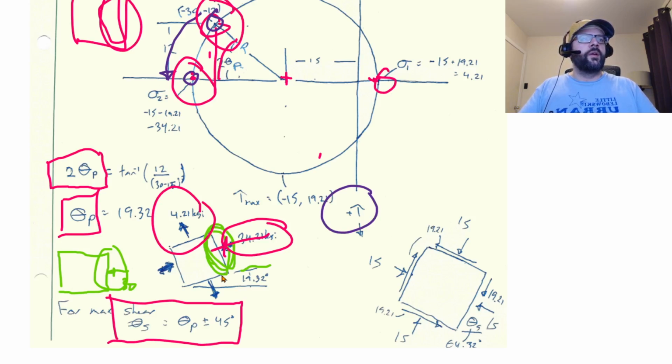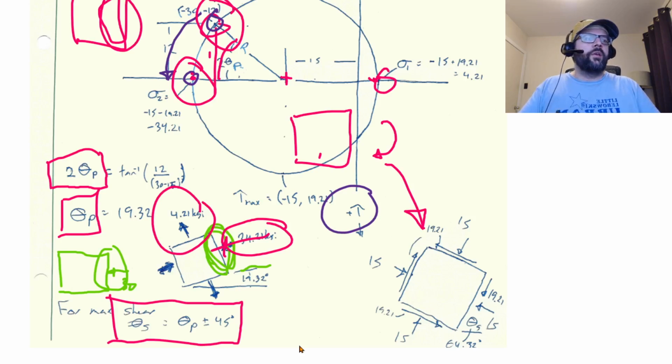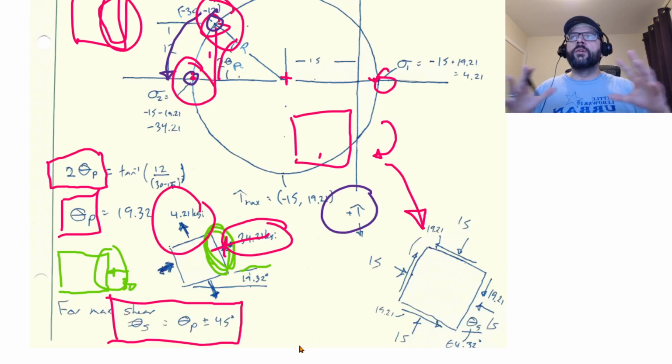If we start out with this and rotate it clockwise, we're going to end up with this situation down here. The stress state there will be a compressive stress of 15 ksi on all four faces, and 19.21 ksi shear stress also on all four faces.